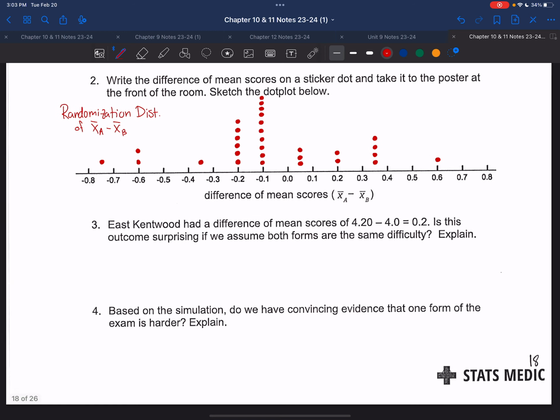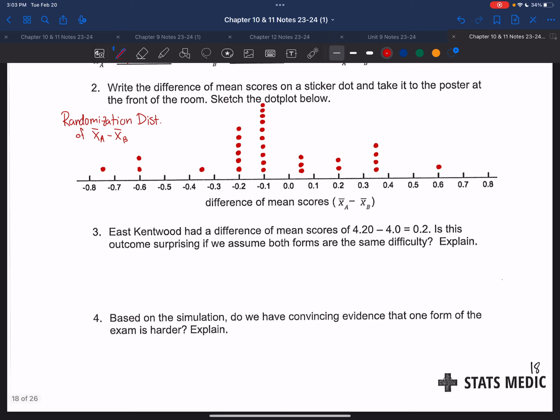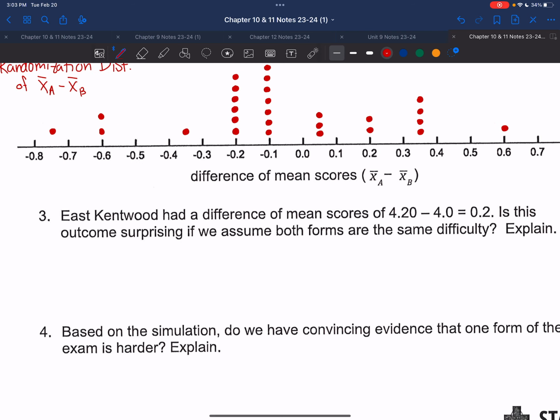Now it says East Kentwood had a difference of mean scores of 0.2. Is this outcome surprising if we assume both forms are the same difficulty, and explain? In other words, it's asking us, what are the odds that the true mean difference, mu sub A minus mu sub B, is not equal to 0?